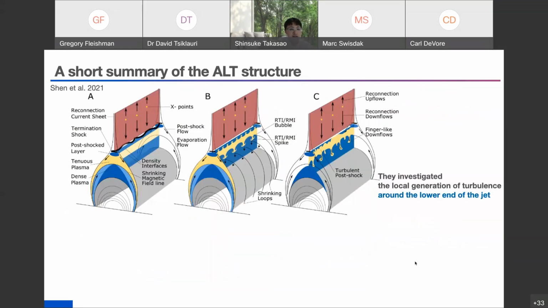And a short summary of the ALT structure is like this. This image is taken from Shen et al. They discussed the Rayleigh-Taylor type instability here. So they basically investigated the local generation patterns around the lower end of the jet.